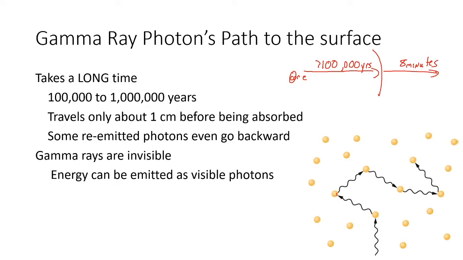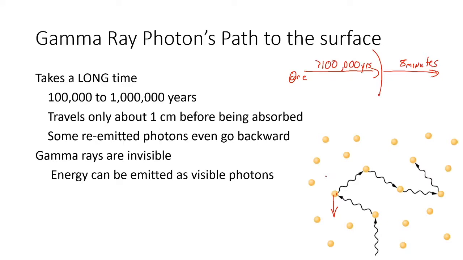The thing is, there's no preferential direction for it to get re-emitted. In fact, it could even bounce back towards the core, which would totally defeat the purpose of trying to get to the surface. It doesn't know. It just does what it does. So all this absorption and re-emission, it takes a long time for it to bounce its way out towards the surface.